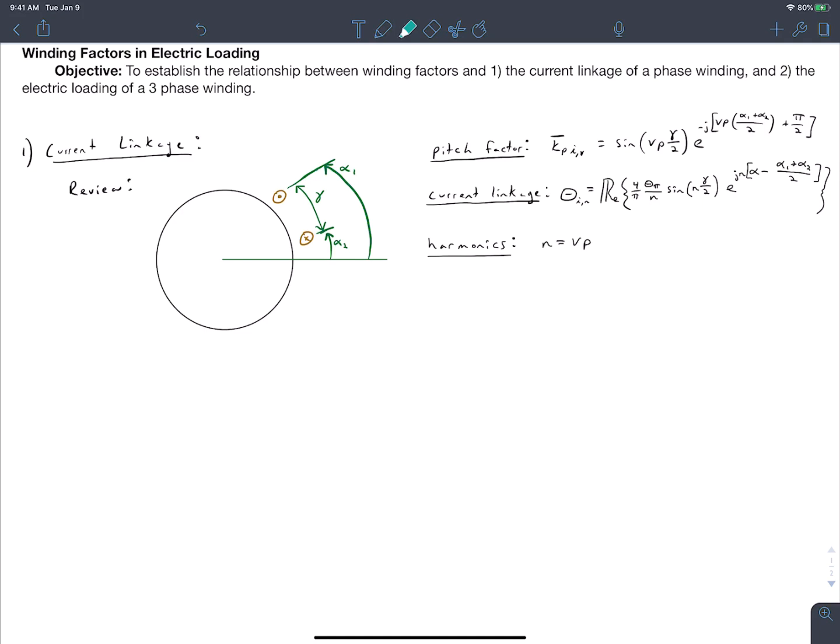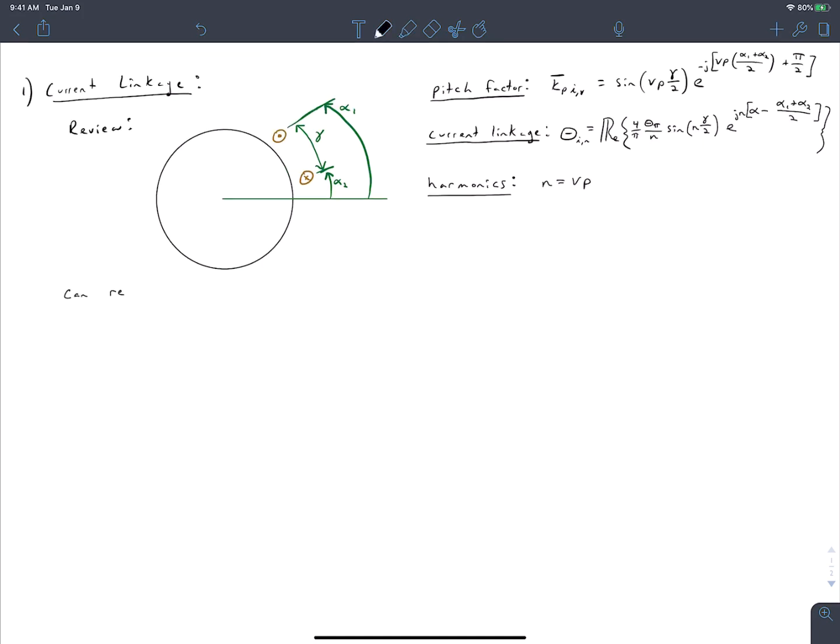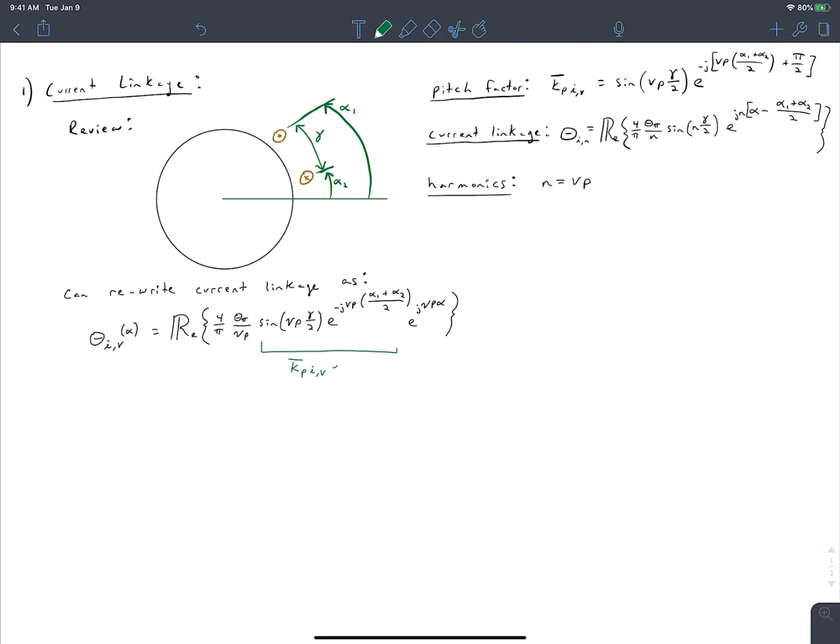So we'll start by rewriting the current linkage in terms of v and reshuffling a few terms here. And so I've come up with this expression, and looking at this expression, we can note that these terms right here correspond to our pitch factor rotated by pi/2.